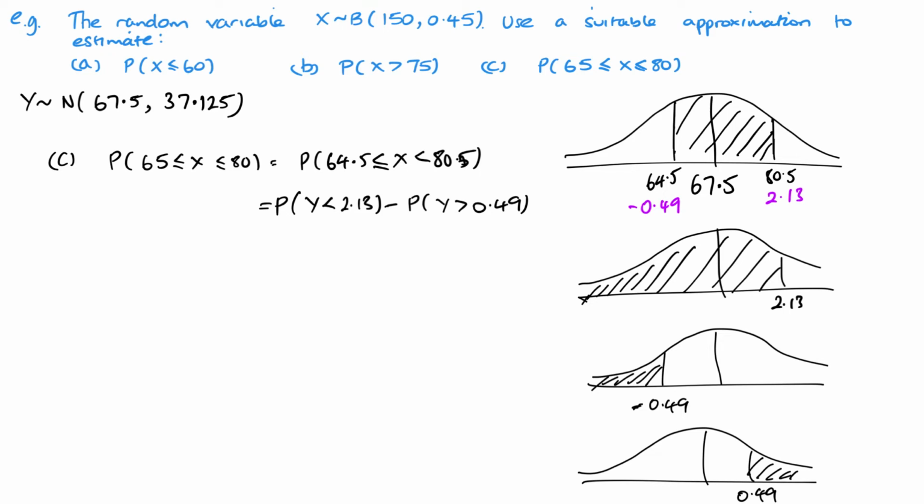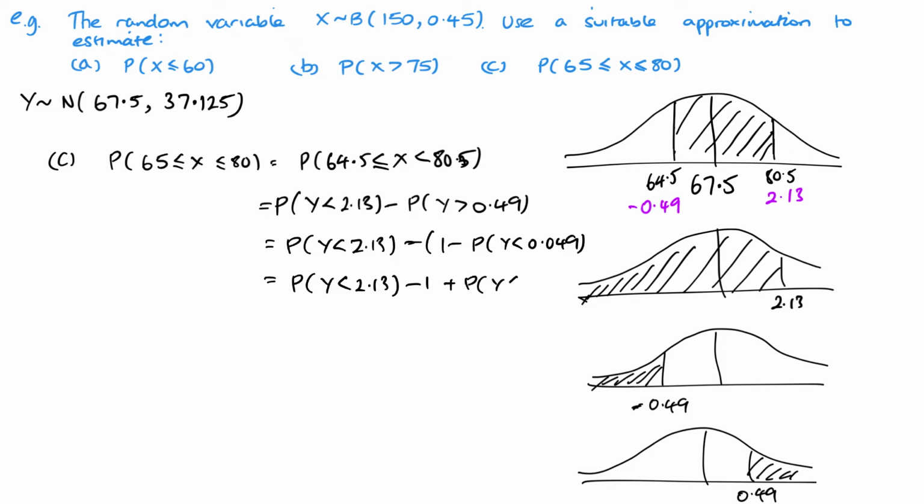So this is going to give me the probability y less than 2.13 minus, and we've got 1 minus the probability that y is less than 0.49. So we've got the probability that y is less than 2.13 minus 1 plus the probability that y is less than 0.49. All that's left to do now is to look these values up in my tables.